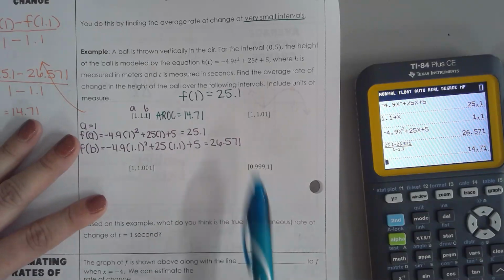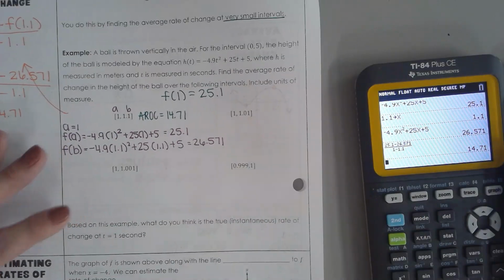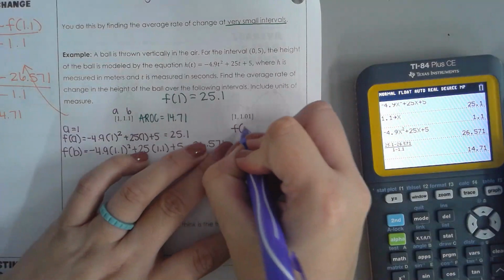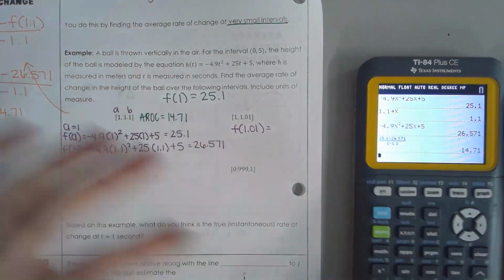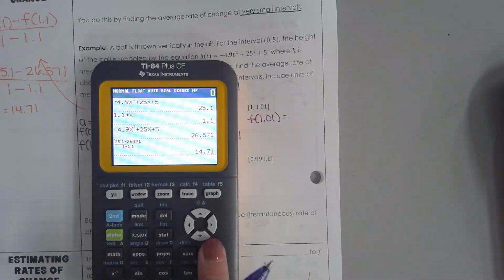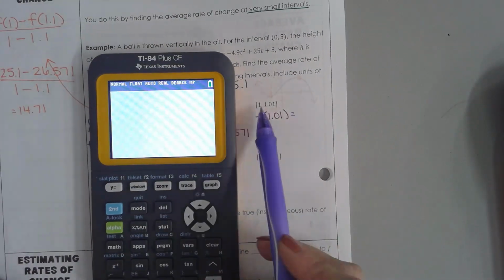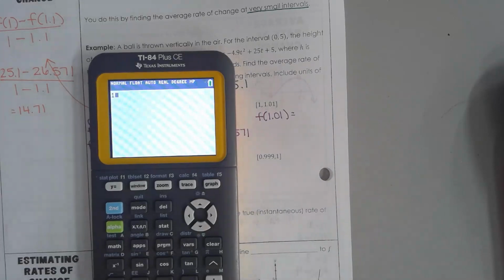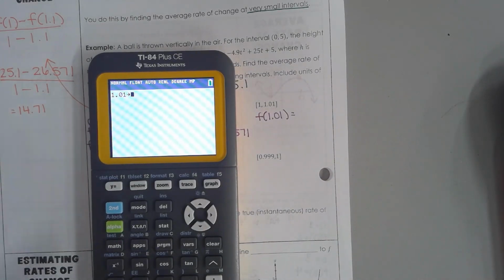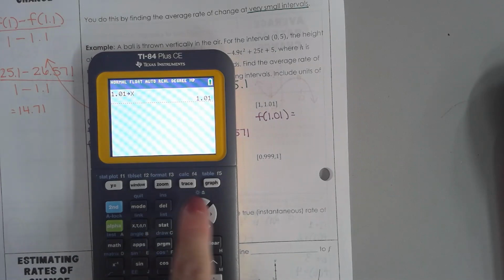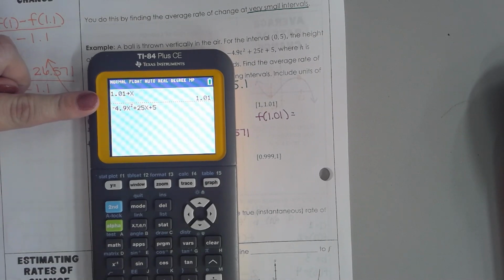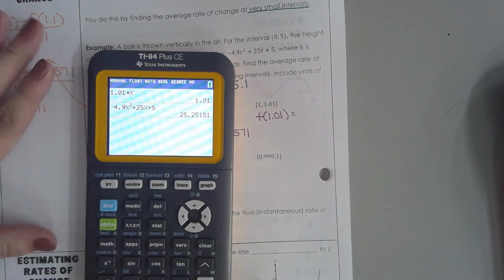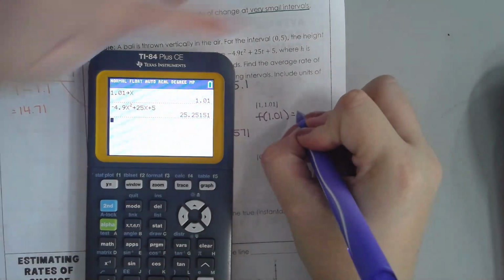So on this second one, the only other one I need to find is f of 1.01. So I already found f of 1. I'm going to do 1.01, store x, and then go back until I've highlighted that equation and hit enter. Hit enter again, and it gives us that.